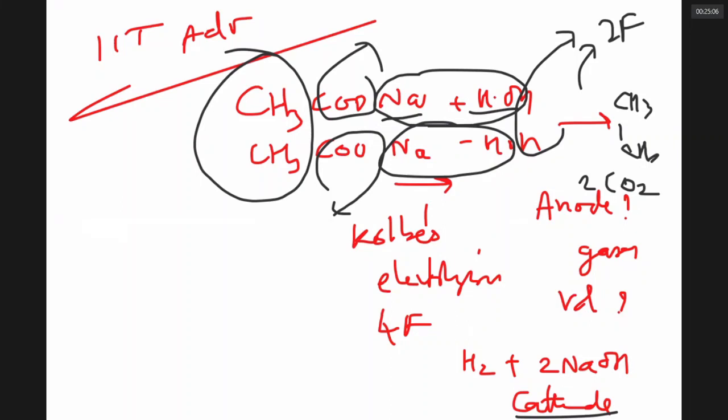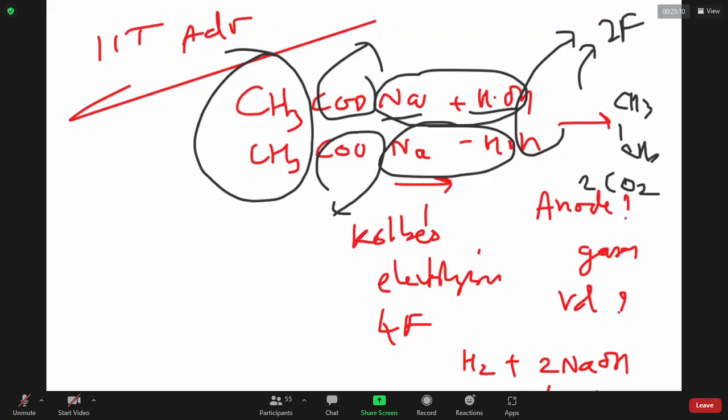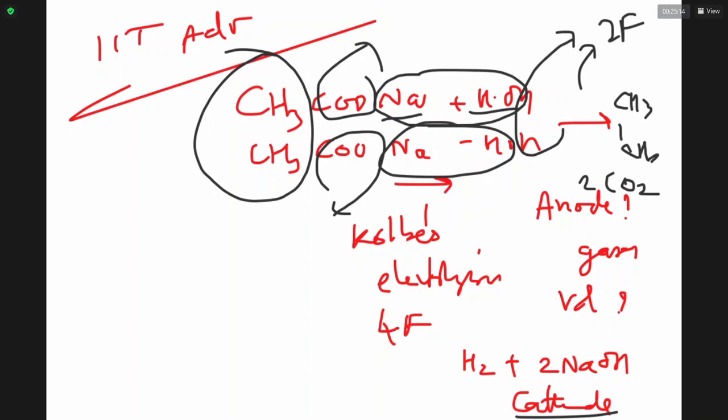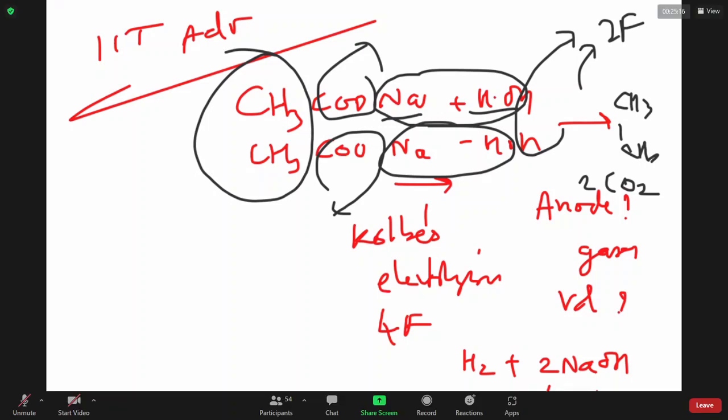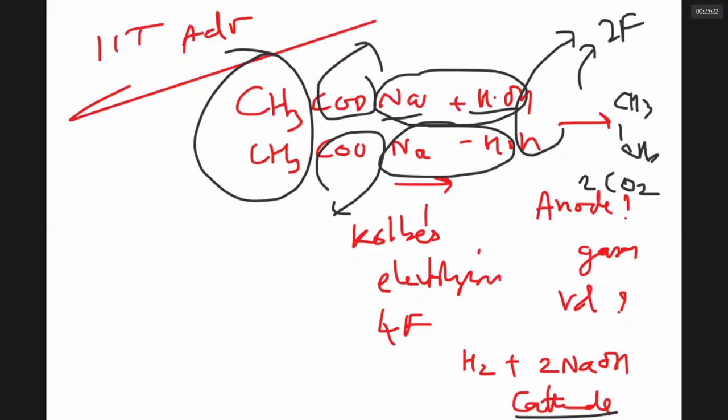So, as a summary, when sodium acetate is subjected to electrolysis, at the anode I get carbon-containing gases, at the cathode I get hydrogen-containing materials. So here I am saying that for 2 Faradays charge, I get 1 mole ethane, 2 moles CO2.